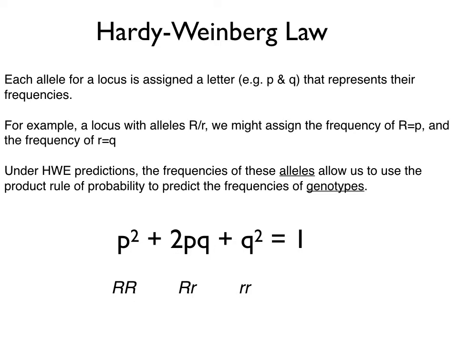So p squared represents the predicted frequency of the homozygous dominant genotype. q squared represents the expected frequency of the homozygous recessive genotype. And 2pq represents the frequency of the heterozygote.